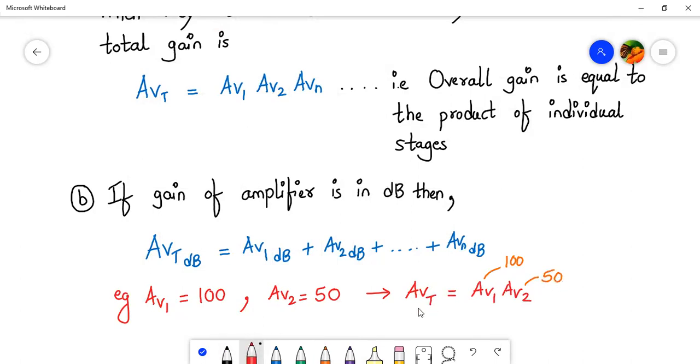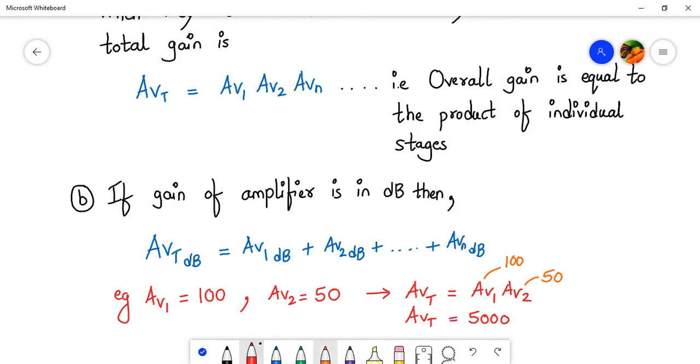So the total gain will be 100 into 50, that will be 5,000. Now, such a high gain was not possible with a single stage amplifier. That is only possible with a cascaded amplifier. That's the advantage and the motivation for studying the cascaded amplifier.